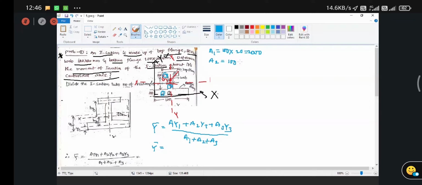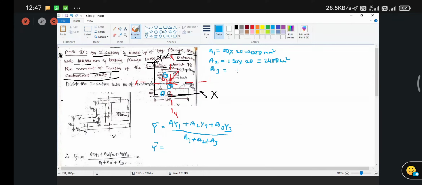So 120 into 20, we are going to get 2,400. Don't forget to write mm squares. So A3 value is how much? That is the top flange which is 80 by 20. So 80 into 20 is 1,600 mm square. These are the total areas.